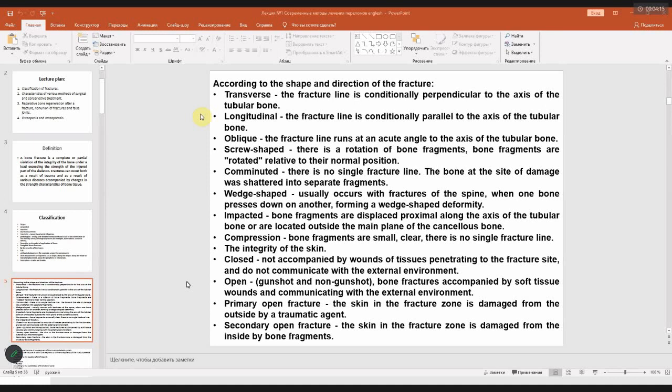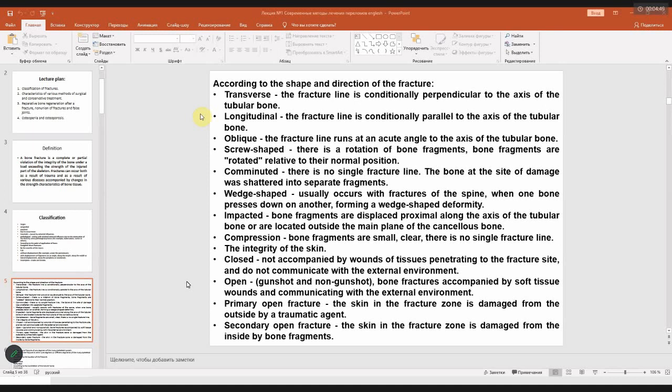Comminuted, there is no single fracture line. The bone at the site of damage is shattered into separate fragments. Wedge-shaped usually occurs with fractures of the spine, when one bone presses down on another, forming a wedge-shaped deformity.